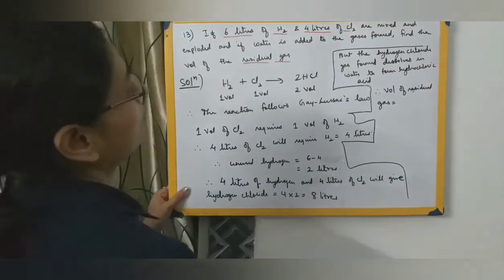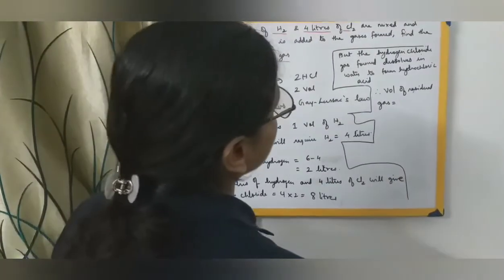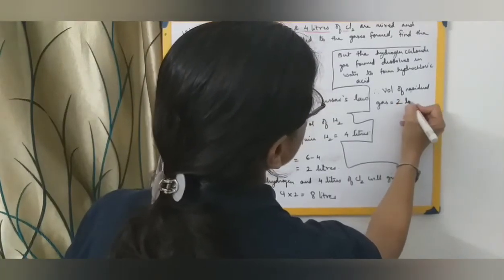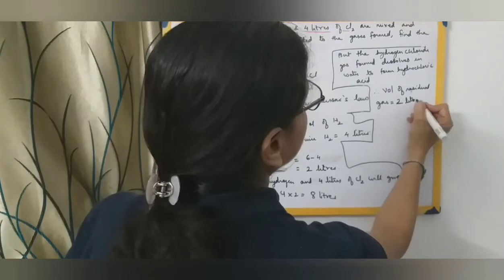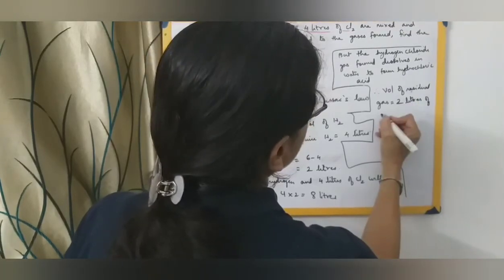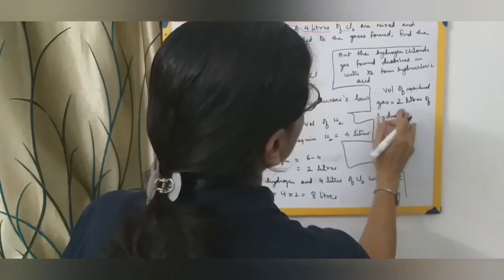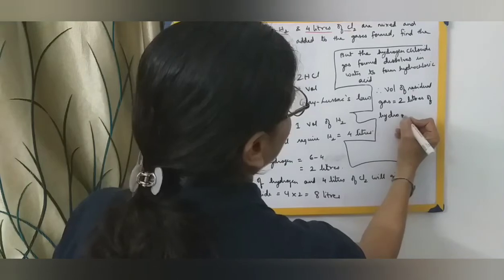So obviously, what is left behind is hydrogen. So the volume of residual gas is equal to 2 liters of hydrogen. Sorry, not hydrogen chloride gas, 2 liters of hydrogen.